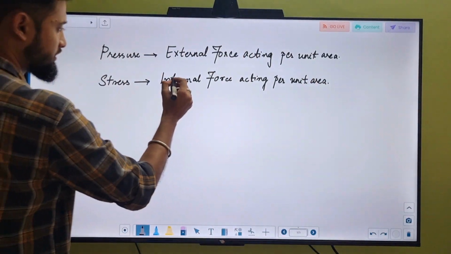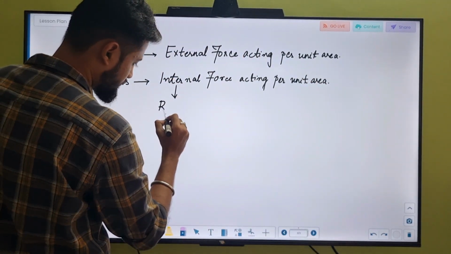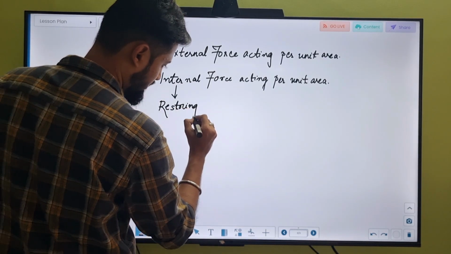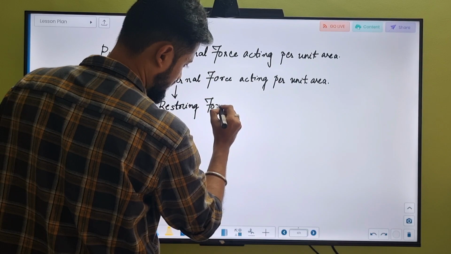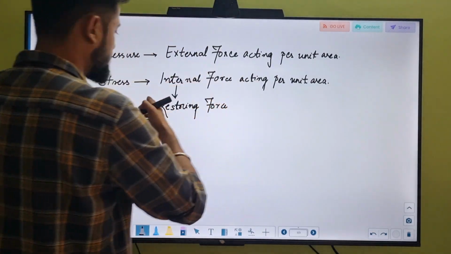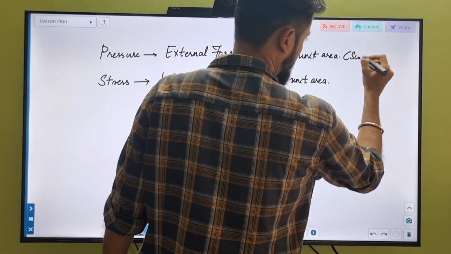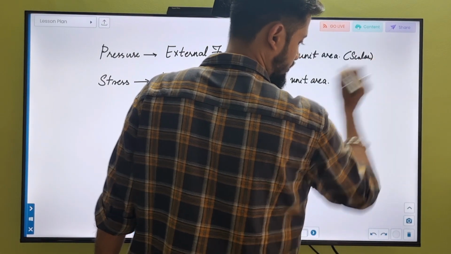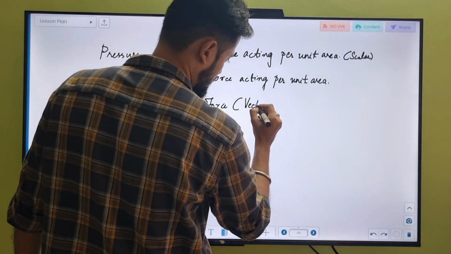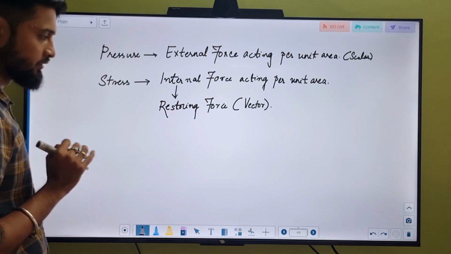Okay, so this can also be called the restoring force. This pressure is a scalar quantity and this is a vector quantity.